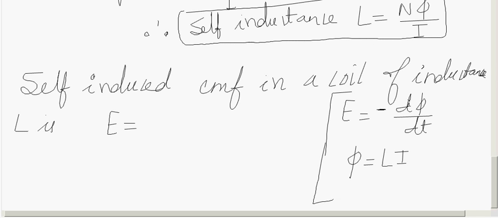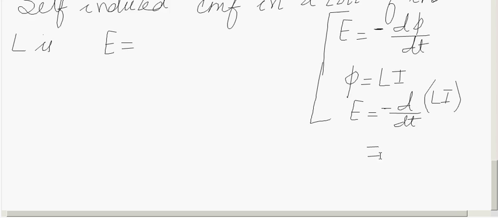So, phi is Li. Now substitute this. E is minus d by dt of L into I, and L is a constant, we can take it out. Therefore, E we will get minus L into di by dt. This is how we get this equation, because by Faraday's law we have E is minus d phi by dt, and by definition phi is L into I. Substitute that, we get E is minus L into di by dt.